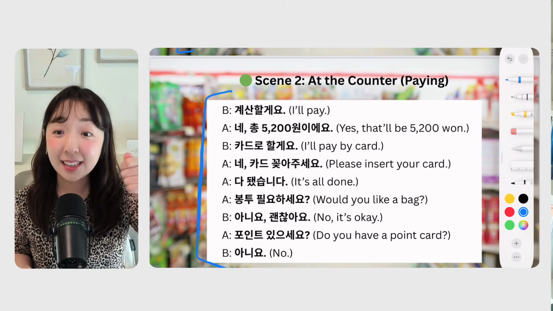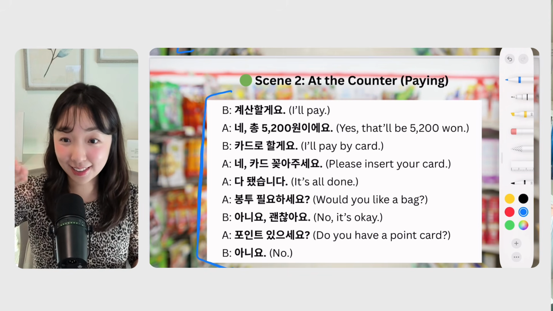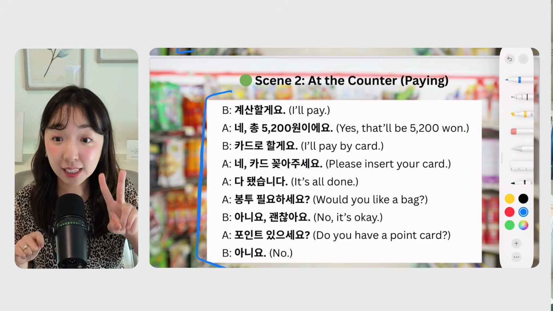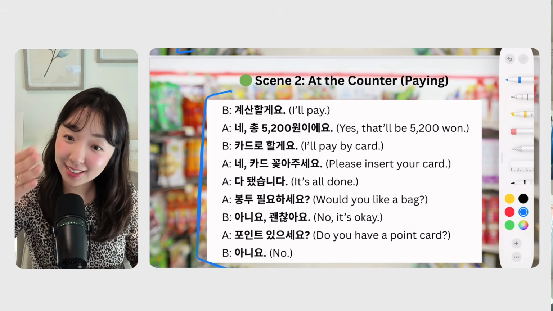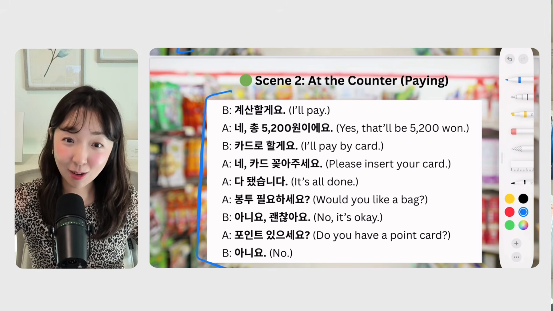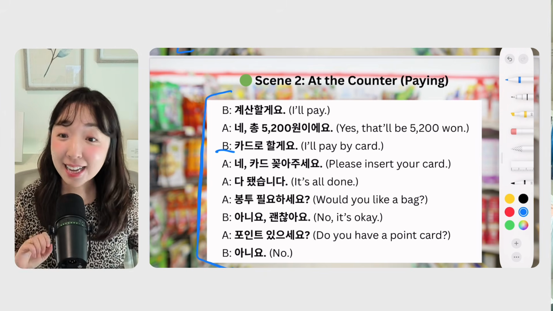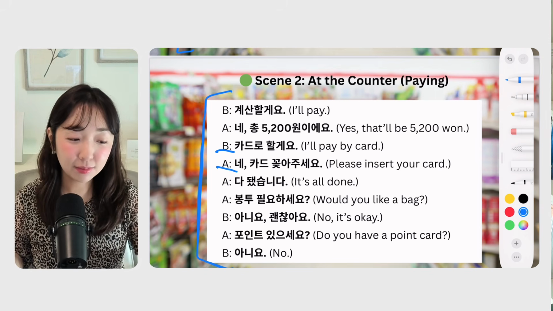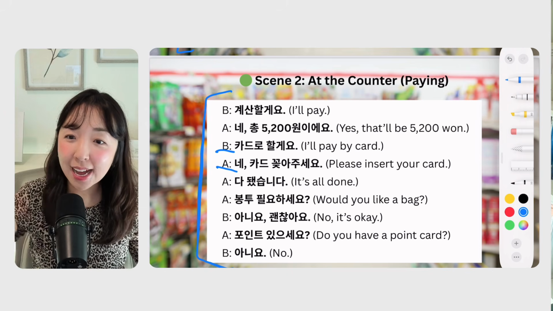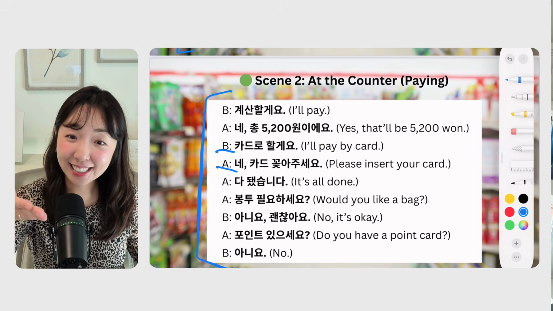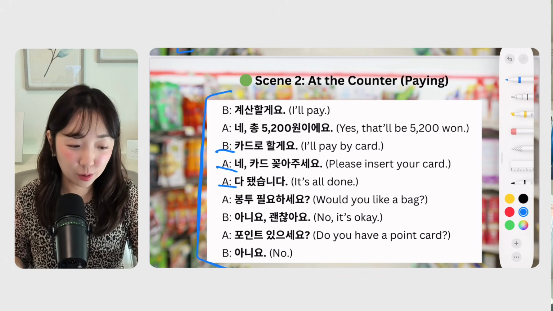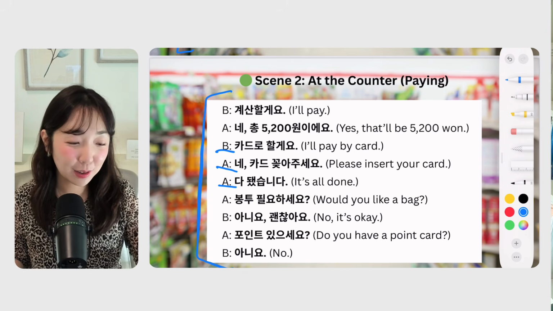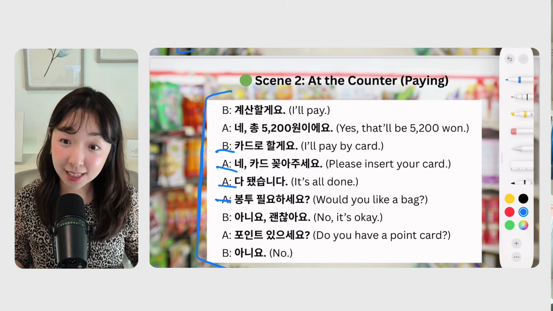You start. 계산할게요. 네, 총 5,200원이에요. 카드로 할게요. 네, 카드 꽂아 주세요. 다 됐습니다. 봉투 필요하세요?